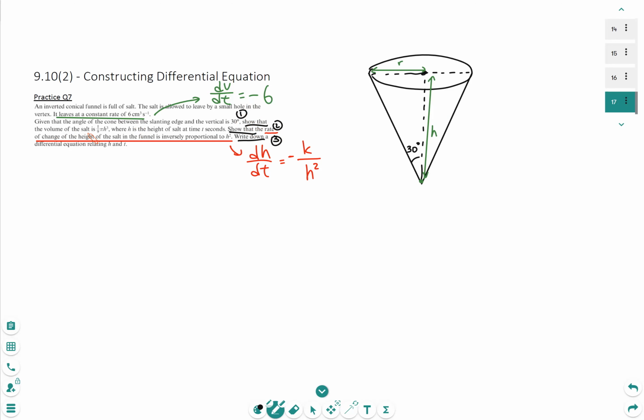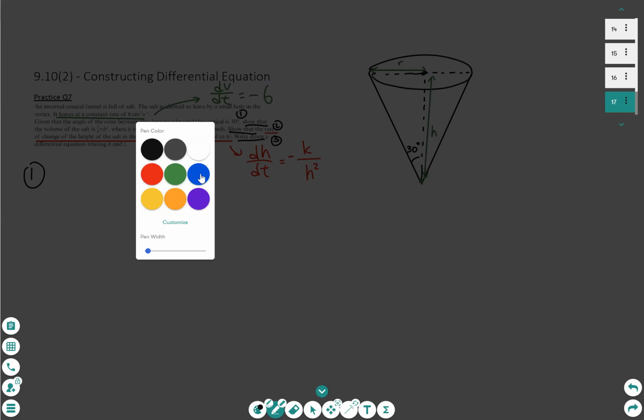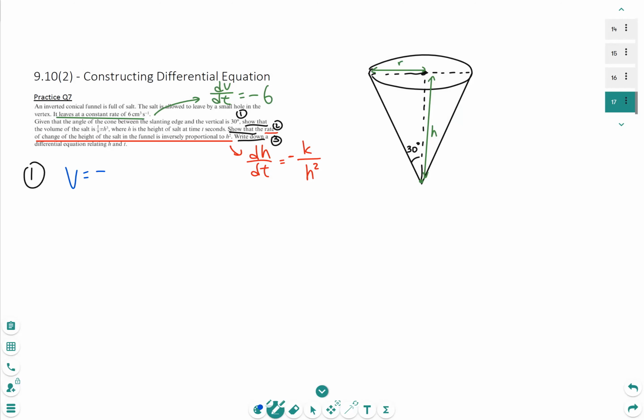Show that the volume is 1/9 pi h cubed. So volume. We'll try to work out number 1 first. We know the volume of a cone is 1/3 pi r squared h.